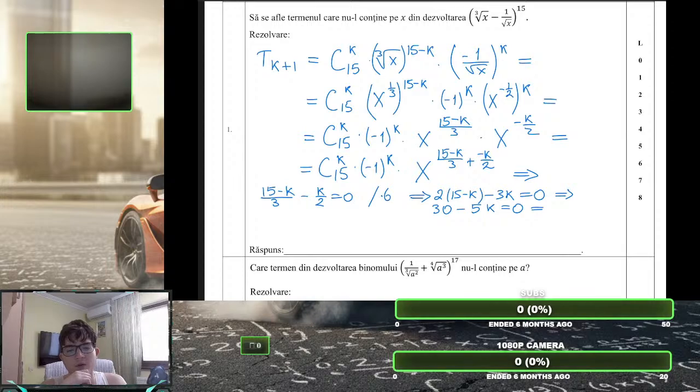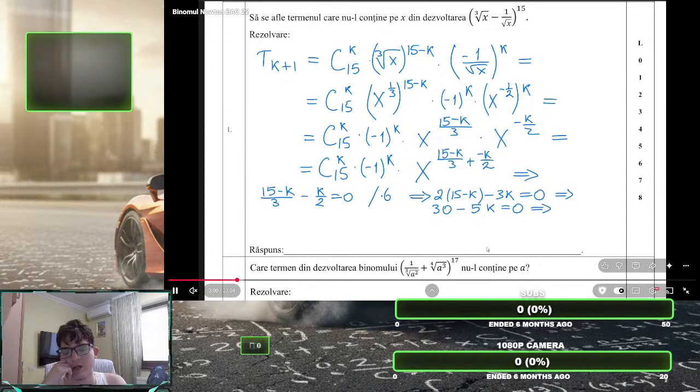Actually, we don't multiply by 6, we multiply by 2 and 3. So 30 minus 5k equal to 0, because minus 2k minus 3k, so minus 5k. So essentially now we have minus 5k equal with minus 30, so k is going to be equal with 6.